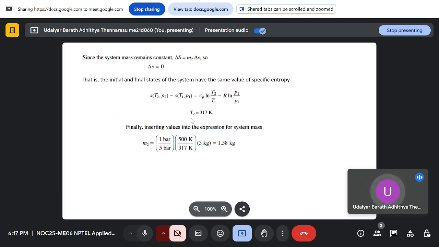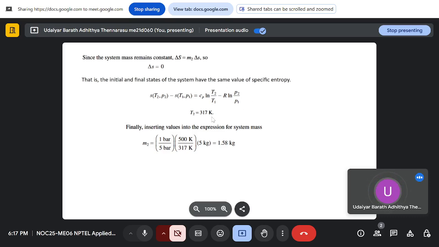Substituting these pressures and temperature 1, we will get temperature at state 2 as 317 Kelvin. If you do this, what you will get is P2 by P1 equals T2 by T1 raised to the power gamma minus 1 by gamma.